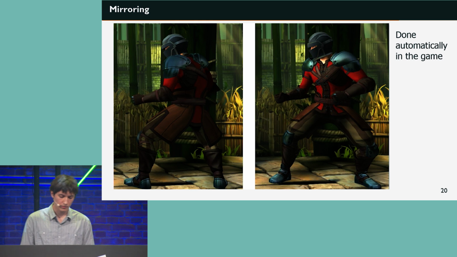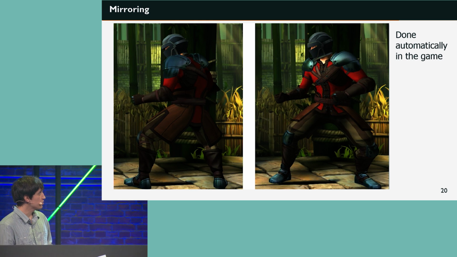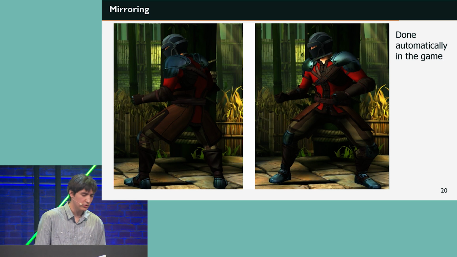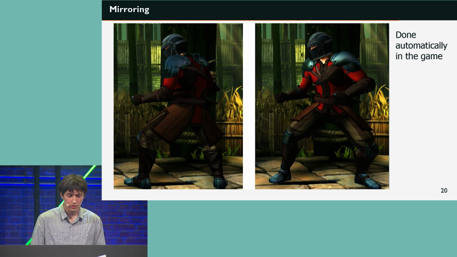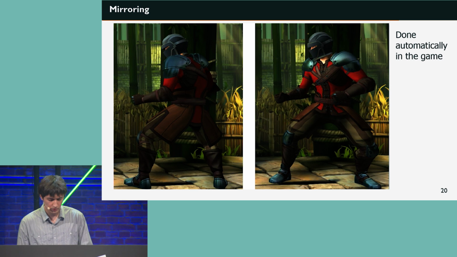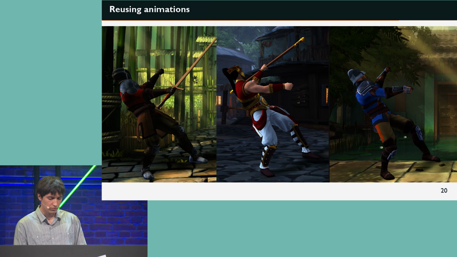We had some restrictions on the skeleton because of this. The first joints, the first bones of the limbs, had to have negative scale. And this was enough.